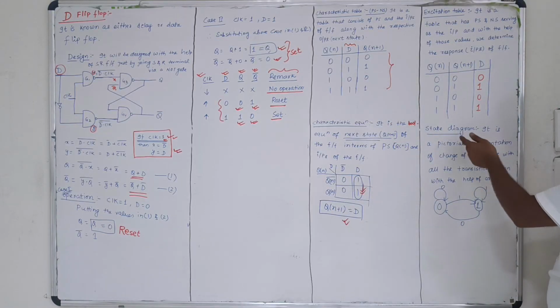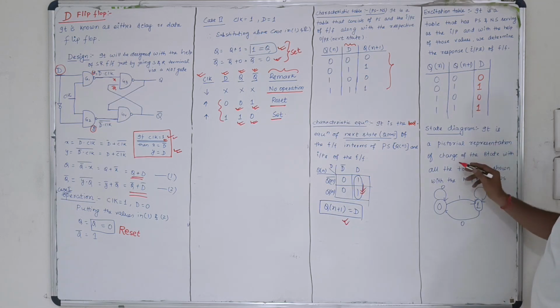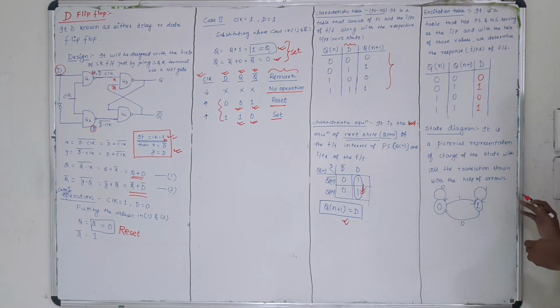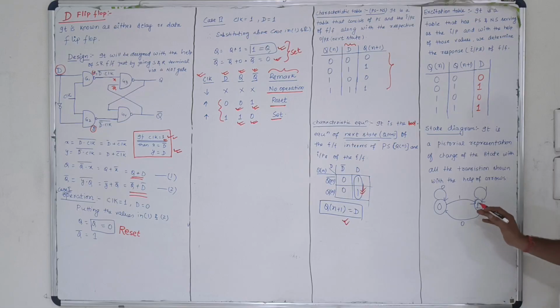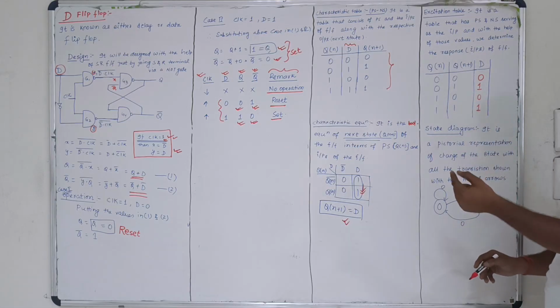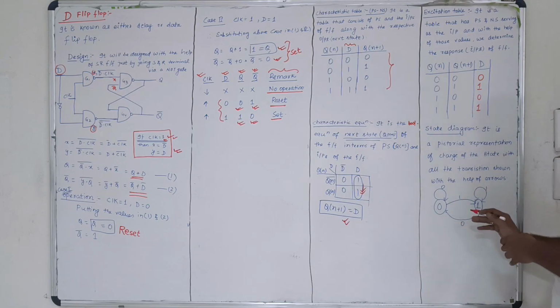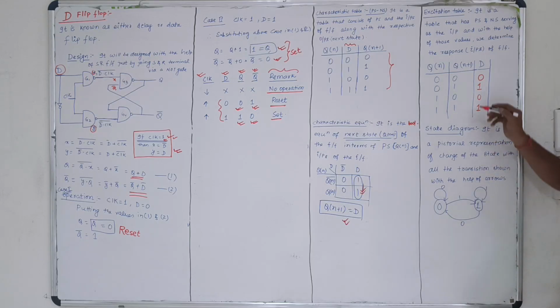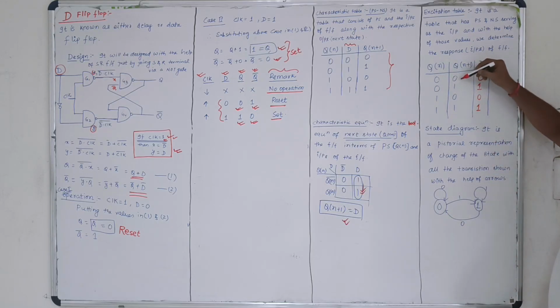Now last one is state diagram. I have said it is the pictorial representation of change of state with all the transitions shown with the help of arrows. So definitely if we are having only one flip-flop, there are two states, either 0 or 1. So we have taken 0, we have taken 1, just bubbled it up so that we can tell that both are the states. Now see here, from 0 you are moving to 0. What is the input at that time? 0.